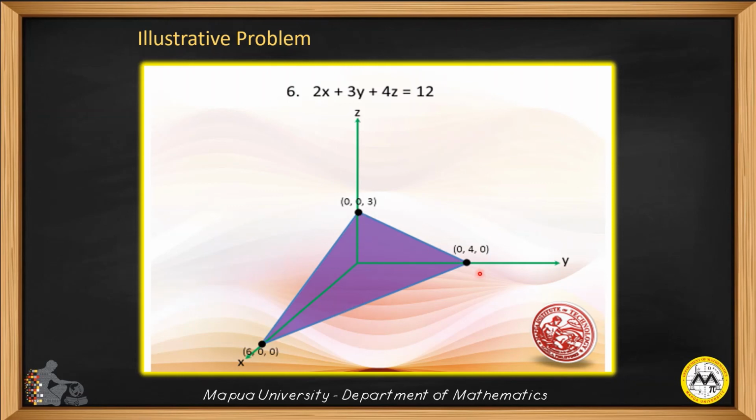Connecting the z and the y-intercepts would give us the yz trace of the plane, and the line that results from connecting the x-intercept with the y-intercept would give us the xy trace. Now the trace of a surface is just the intersection of the surface with any of the coordinate planes.